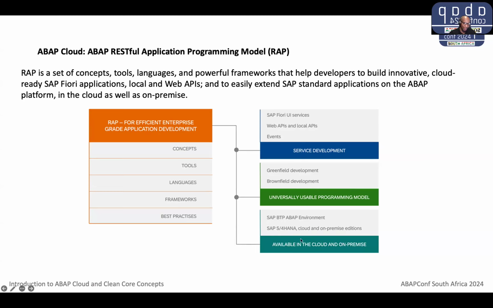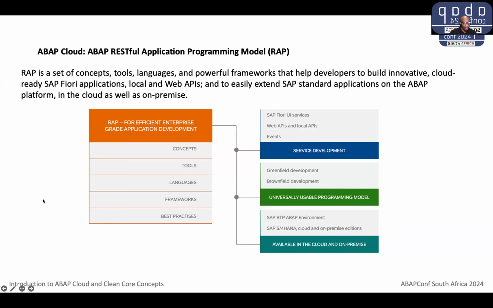So getting started with it is a no-brainer because whatever you build using RAP going forward will be easily, sorry, my cursor is not showing. I was pointing to this part. So getting started with RAP and prioritizing building your solutions using RAP is a no-brainer. It makes sense because whatever you build is cloud ready, and should you want to migrate at a later stage, it'll be nice and easy for you to do that.